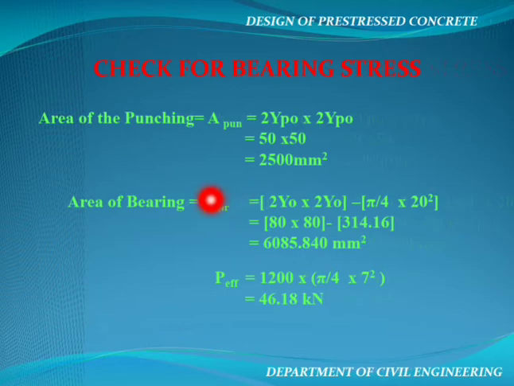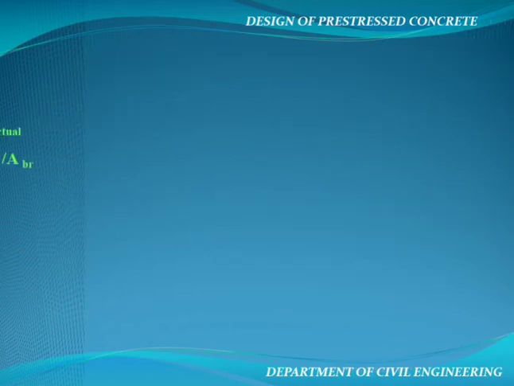Now I have missed out here, I think, into 10 raised to 3 as the unit is kilonewton. Please all of you make a note that here it is 1200 kilonewton, hence the answer is also in kilonewton. So here we find the P effective force.